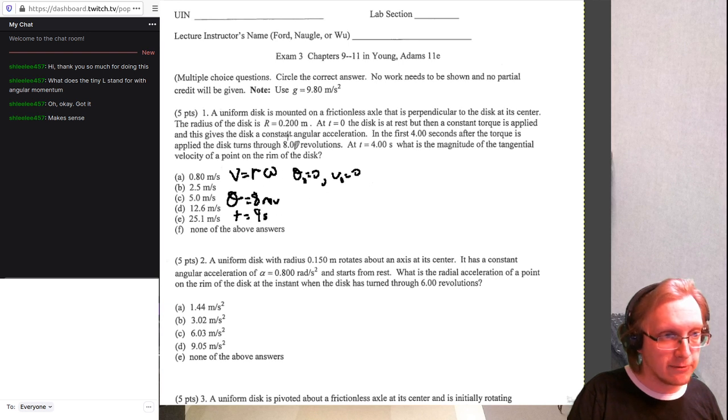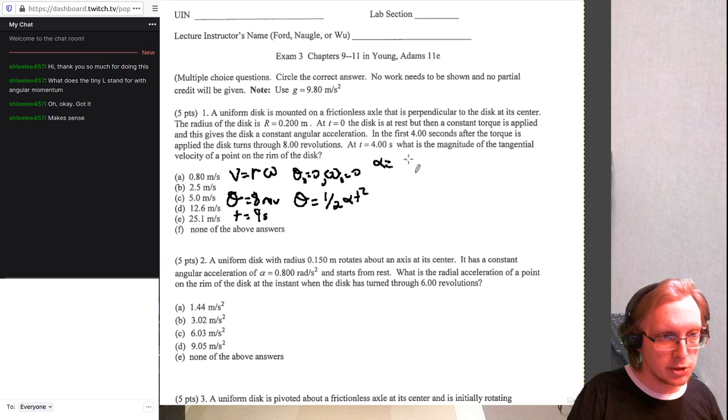So that means we can find an angular acceleration. Theta is equal to theta naught, which is 0, plus omega naught t, and omega naught is 0, so we can drop that, plus 1/2 alpha t squared. Solve for alpha.